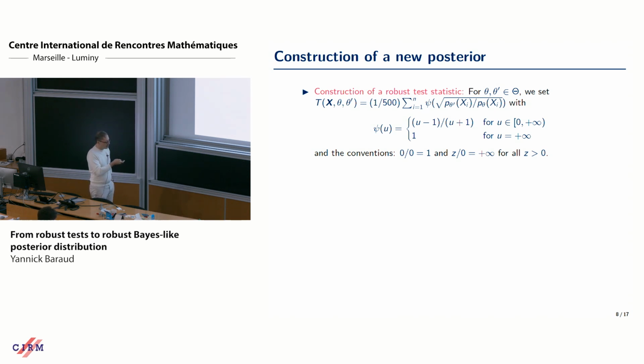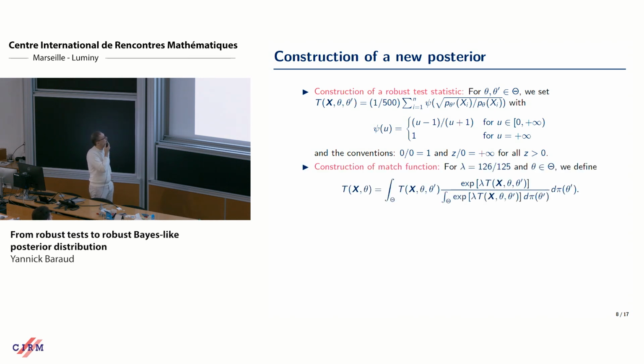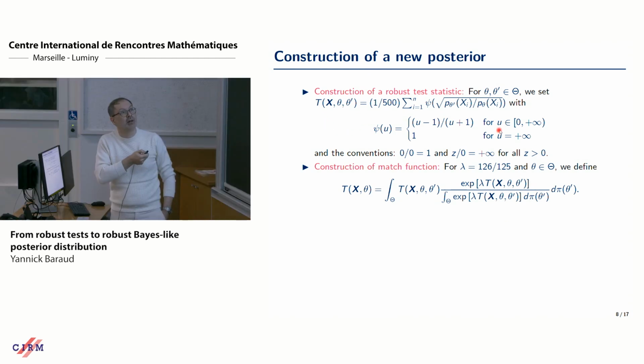Okay, and so because of the heuristic I've just introduced, I'm going to integrate this test statistic with respect to a Gibbs measure with a lambda which is close to 1 here. And this integral, with respect to theta prime, will mimic, in some sense, the supremum of the test statistic over theta prime.